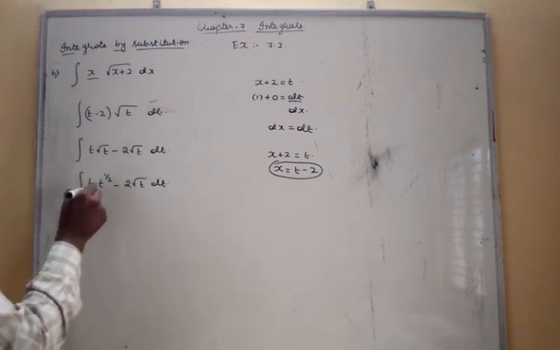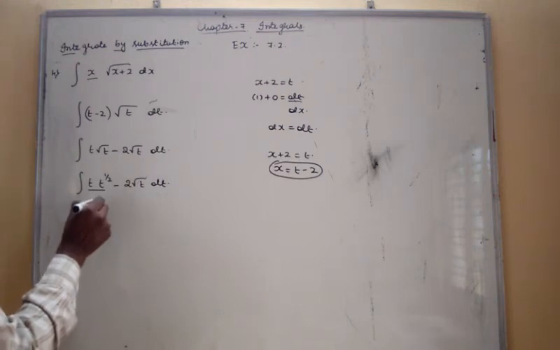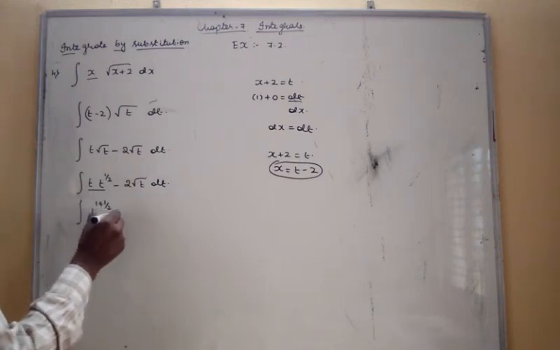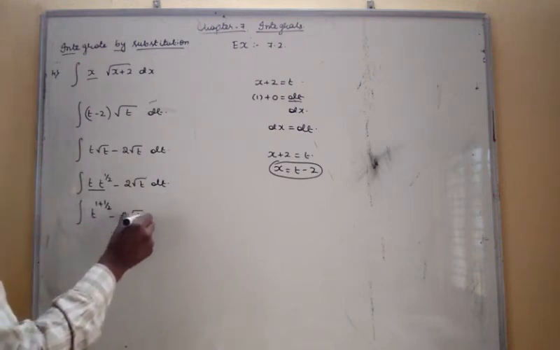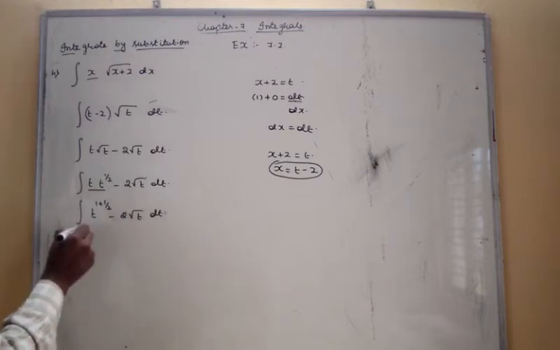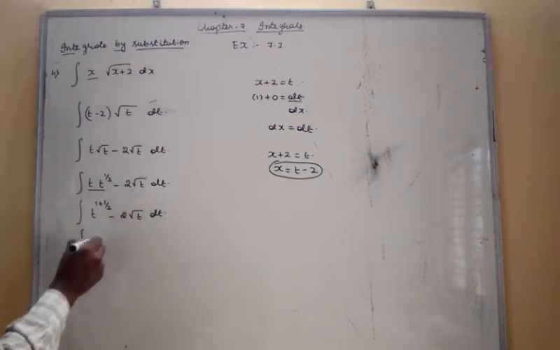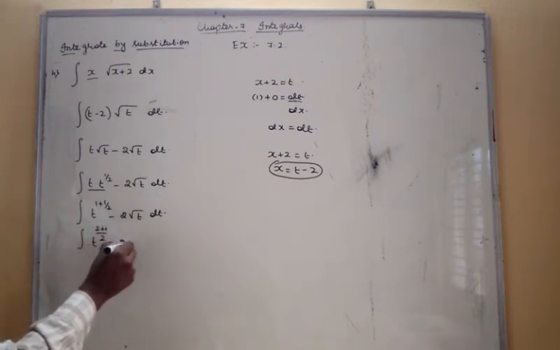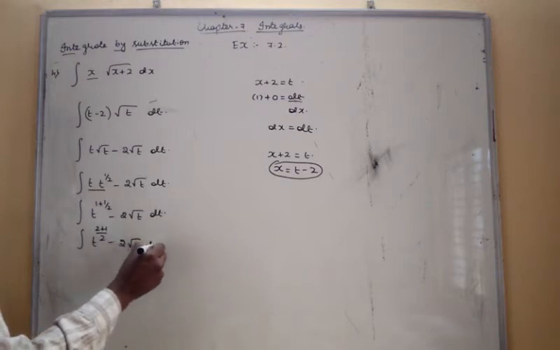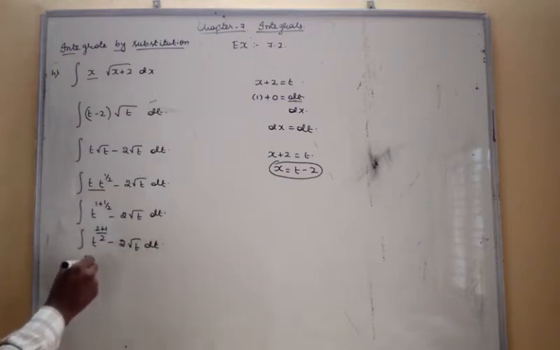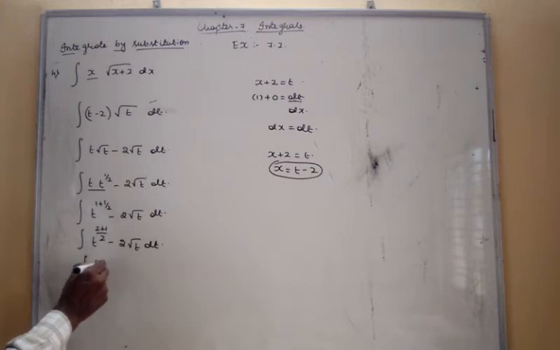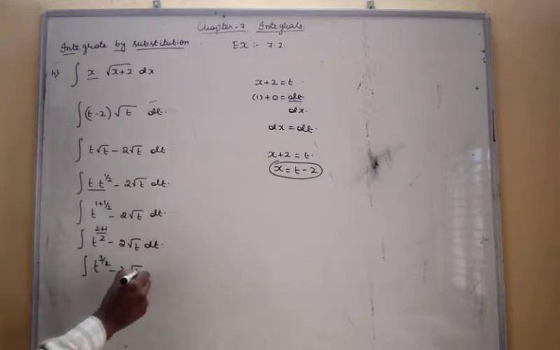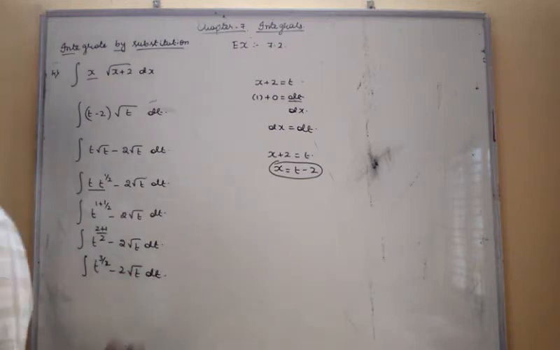Then bases are same, so powers can be added: 1 plus 1 by 2, minus 2 root t dt. Then integration of t to the power of 3 by 2 minus 2 root t dt. Then integration of t to the power of 3 by 2 minus root t dt.